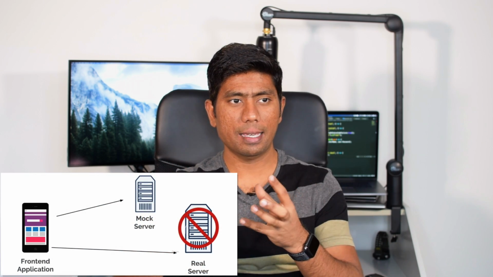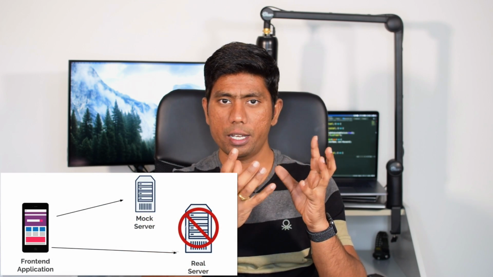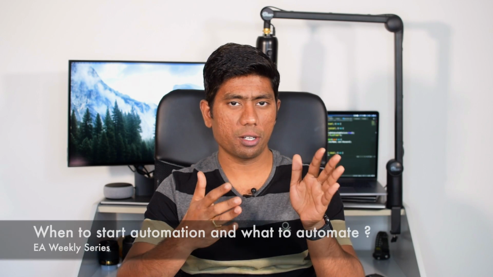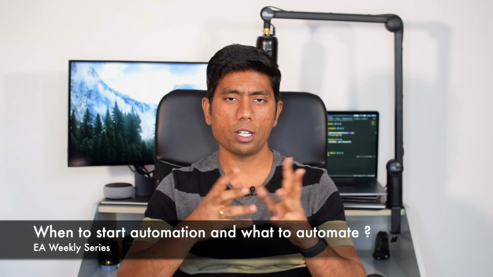They usually run on mock data to see how the functionality of a particular module works. This is not a complete end-to-end scenario. It is just for that particular module, to see how the functionality of that feature works. That's what unit testing comprises.